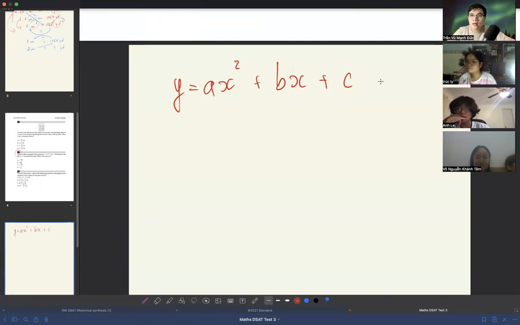This is one equation. And I'm going to give you another: y equals dx minus e. So how am I going to find the intersections between these two graphs? Anyone have any idea? No one has any idea?